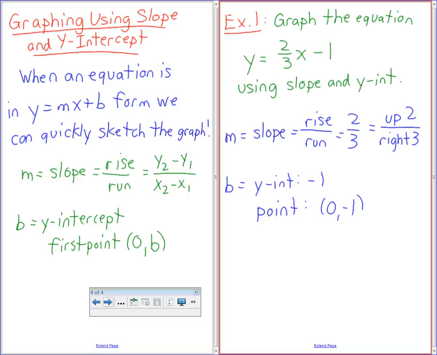Who needs to borrow a ruler? Oh goodness. Okay, I got 9 again here. 1. We got that. 2, 3, 4, 5. Okay, that's a 6. 7.